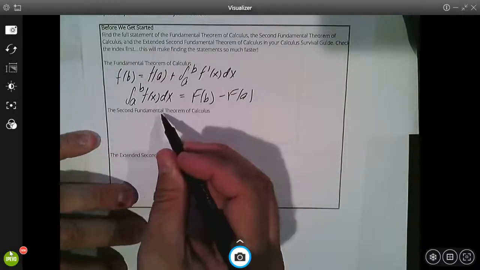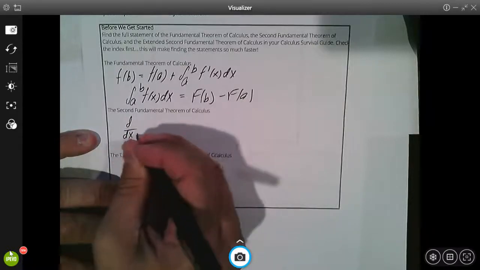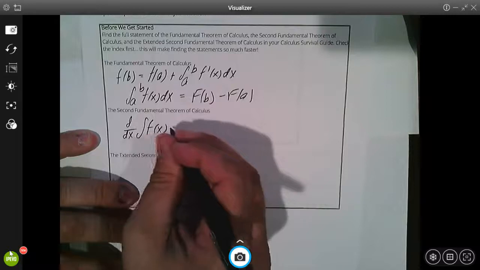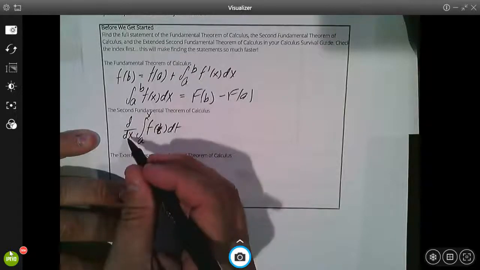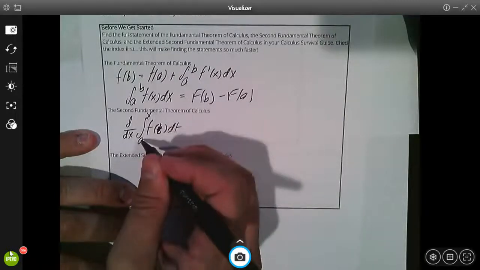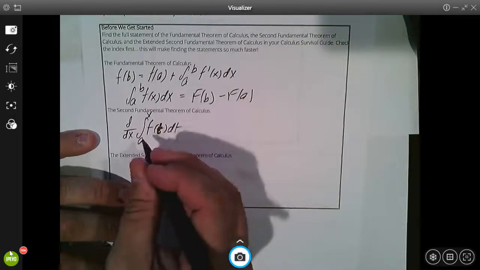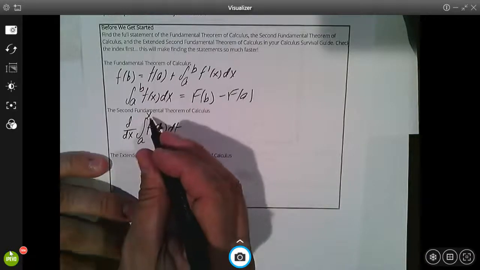Okay, let's keep going. Now there's the second fundamental theorem of calculus, and it's so funny because we talk about it again and again, and everybody always looks at it like it's the first time they've ever seen it. This is when you take the derivative of an integral of a function, f of t dt, evaluating from a constant to a variable.